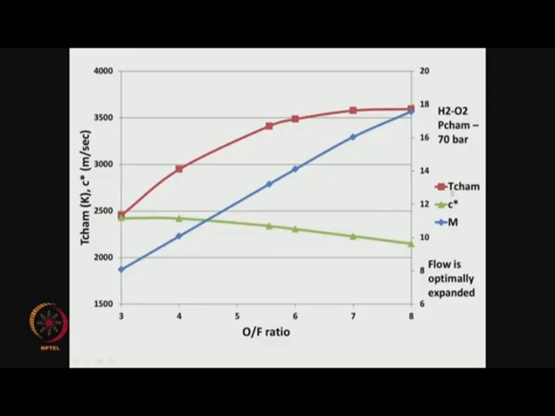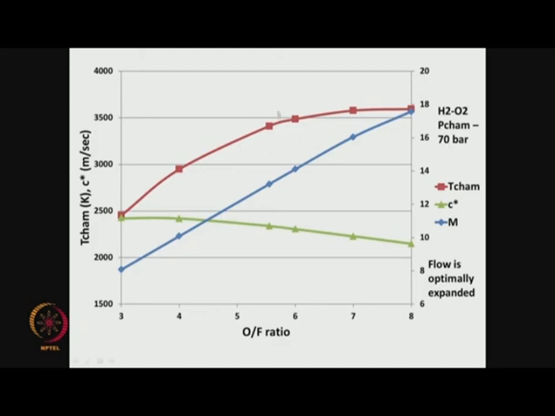Chamber temperature is in red, that is this line, and C star is shown here in this green line. This is at different O by F, and the flow is optimally expanded for a pressure of 70 bar. That is, the area ratio of the nozzle is chosen such that flow is optimally expanded.